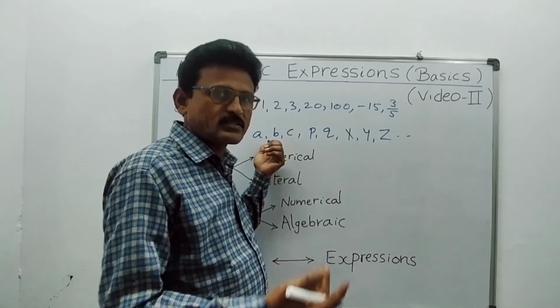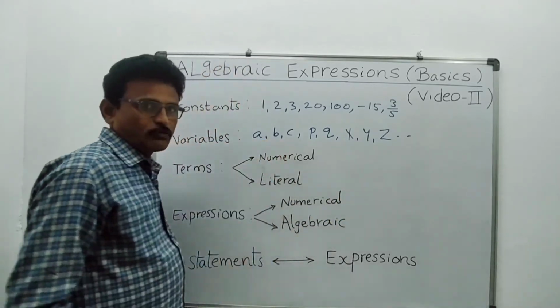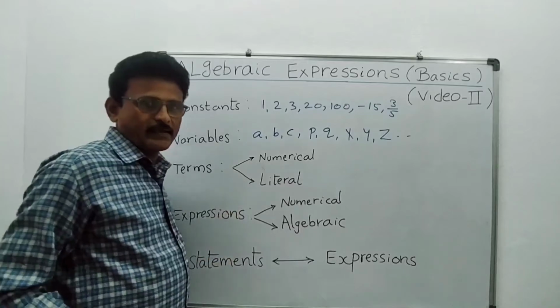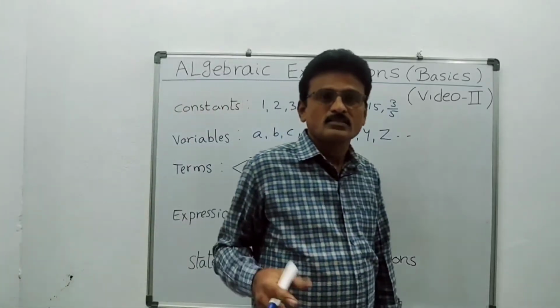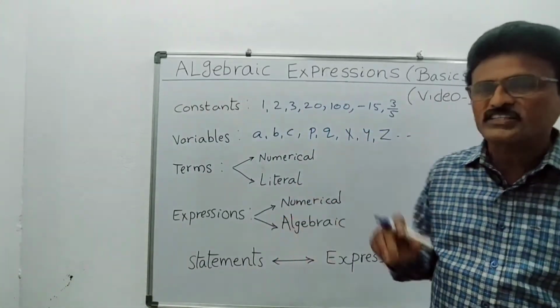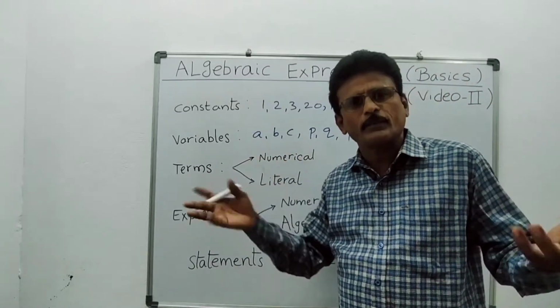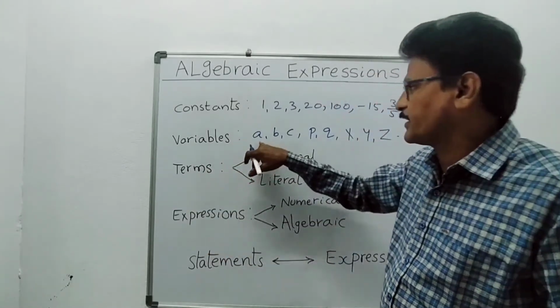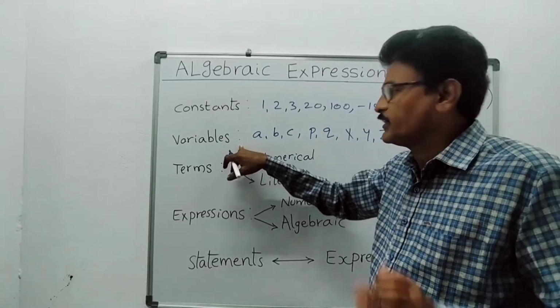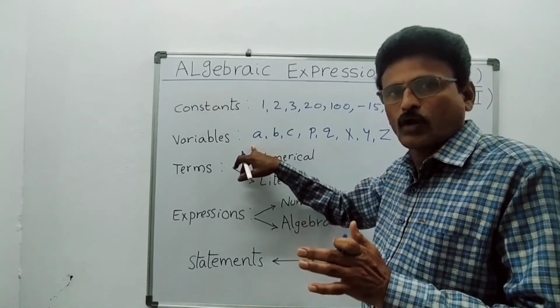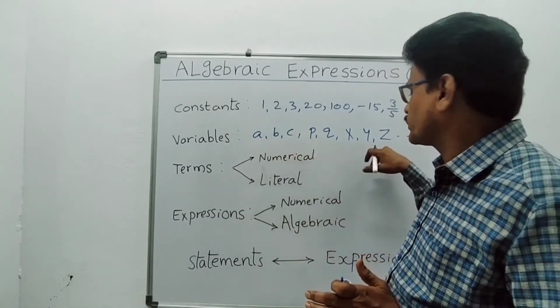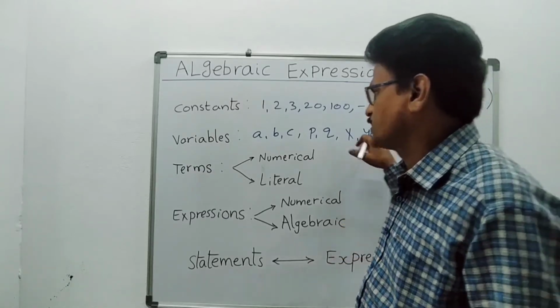Unknown value it is. Okay? Not a fixed value, that one. We can consider sometimes A as 100 rupees, 15 rupees, sometimes it is 20 kilometer, 15 centimeter. Whatever it may be, depending upon the problem, we can consider A for any value. Okay? It is not a fixed value. Unknown quantity it is.